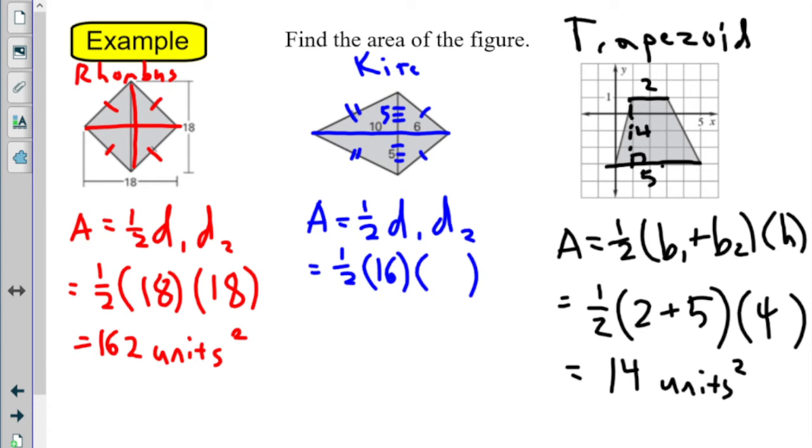And then on the other diagonal, 5 here and 5 here, a total of 10. So we have 1/2 of 16 is 8 times 10 is 80 units squared. Yes, we're squaring units because we're still finding an area.